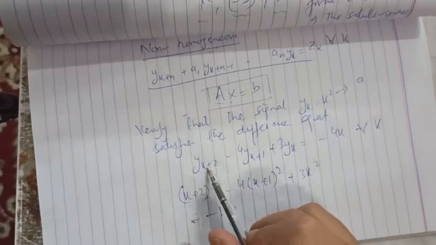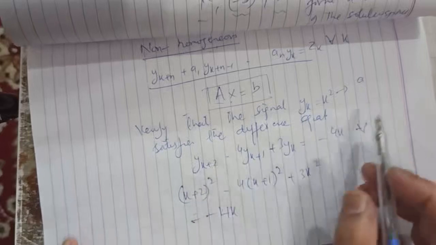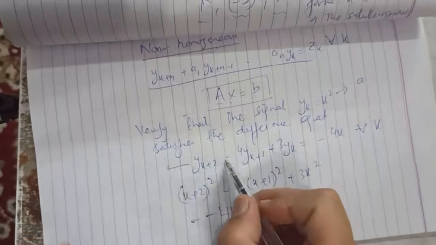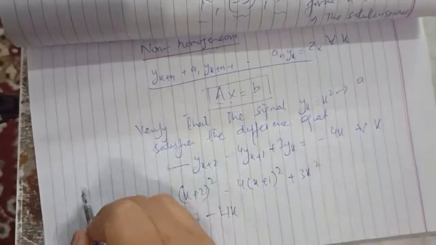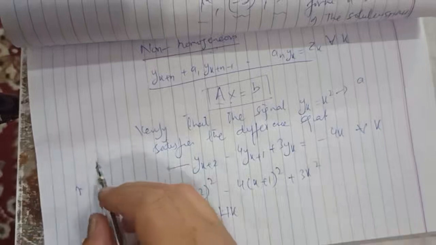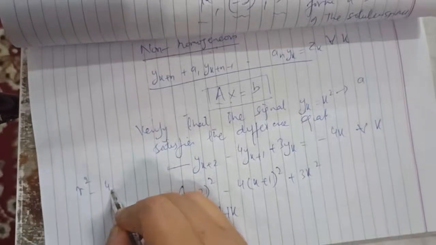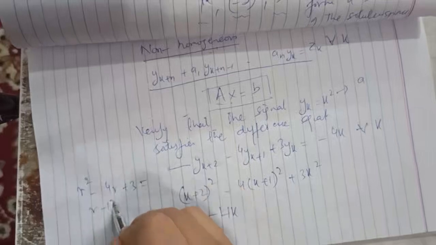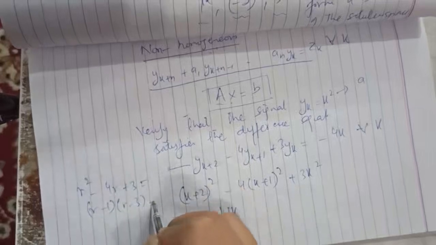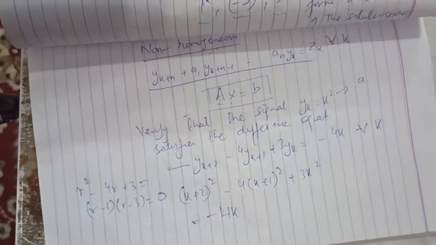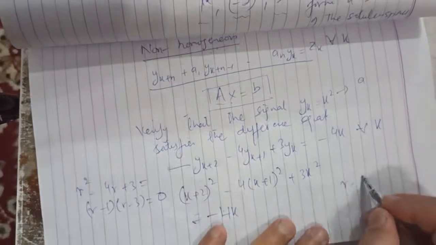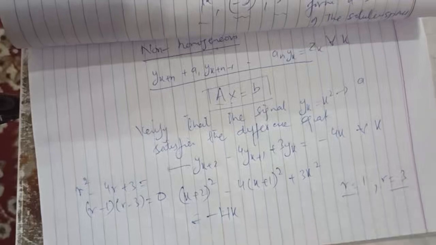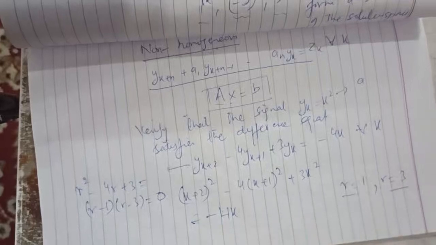So in this case the auxiliary equation that I get for its homogeneous part is r squared minus 4r plus 3 equals r minus 1 into r minus 3 equals 0. So here we have r equals 1 and r equals 3 as solutions of this auxiliary equation.